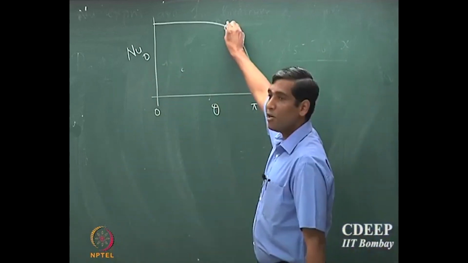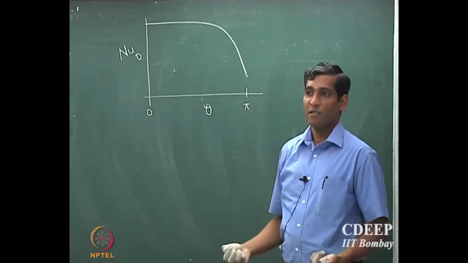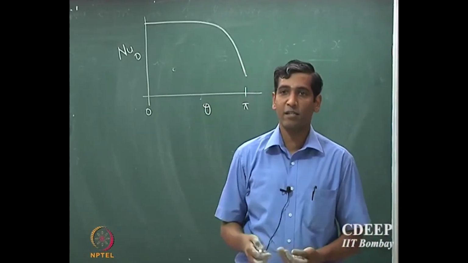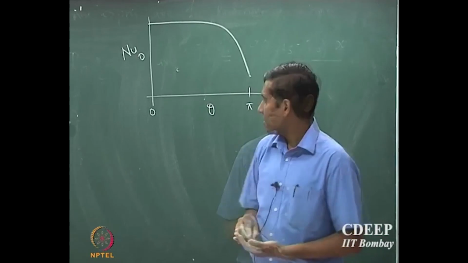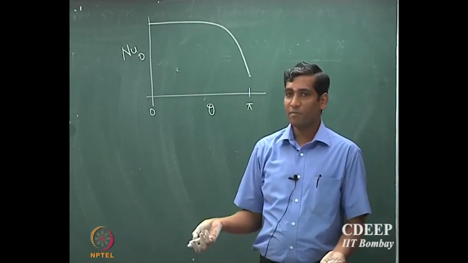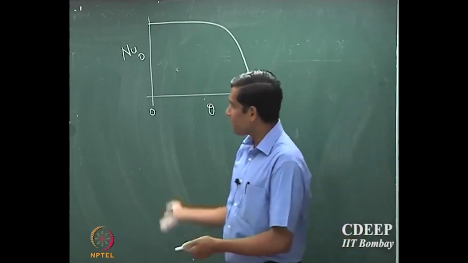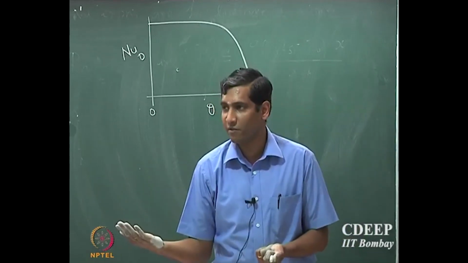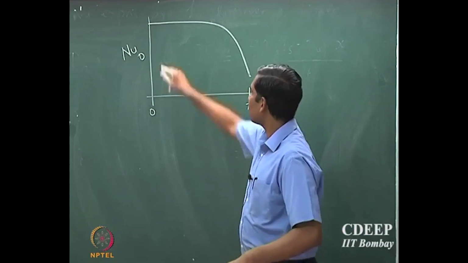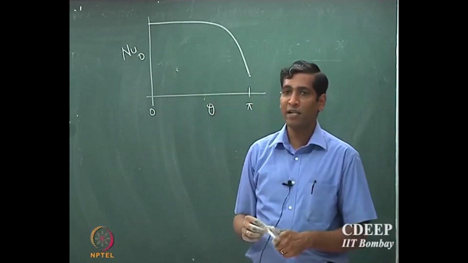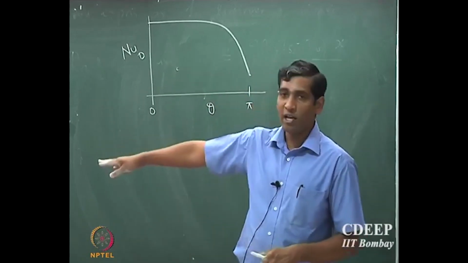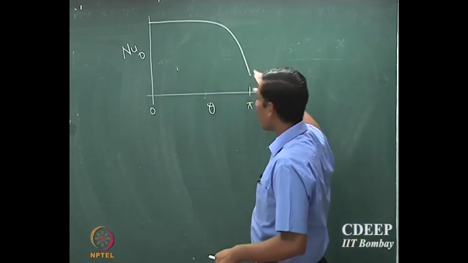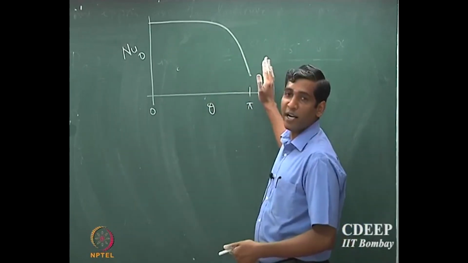What is the reason for this fall? Remember your cylinder with external flows, what is the reason? There is going to be a separation point, right? When this fluid is flowing around, the fluid is no more in contact with the surface, and so you expect that the Nusselt number that you would calculate using these correlations would fall as you go close to the other end of the cylinder.